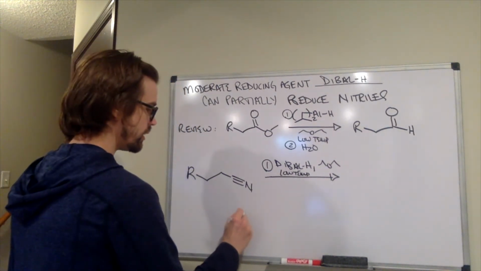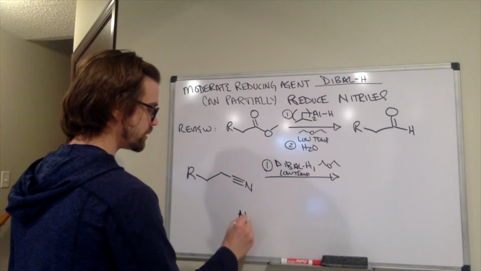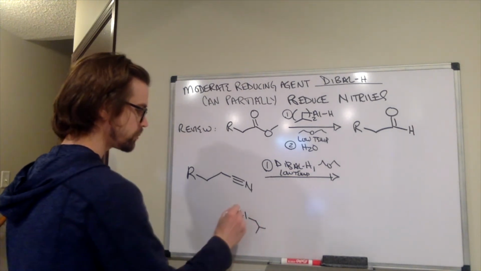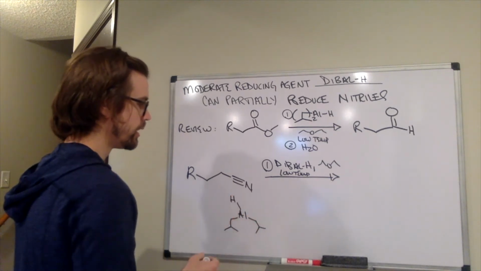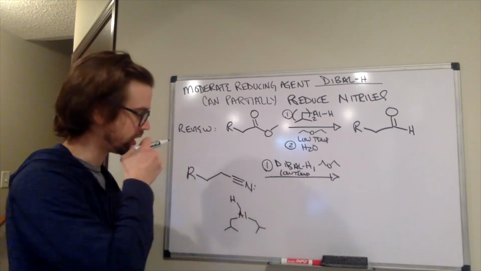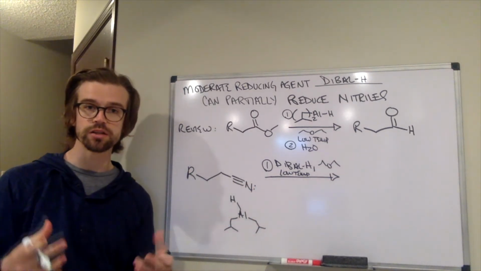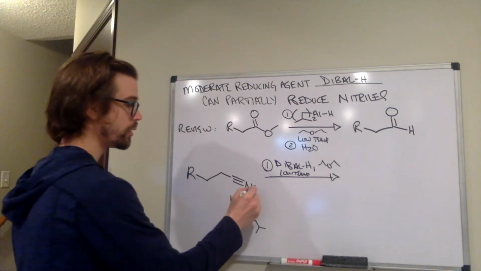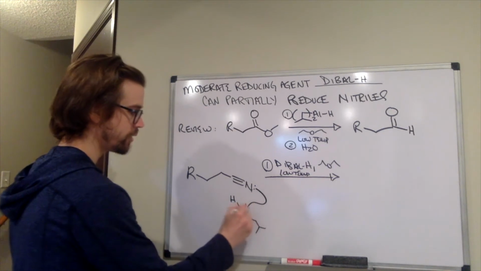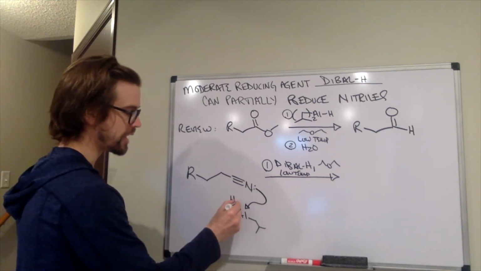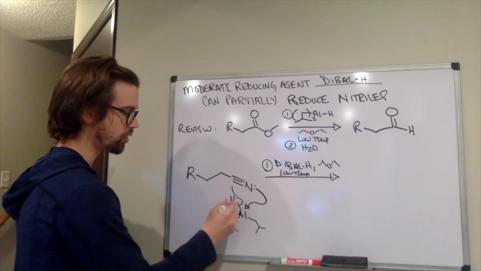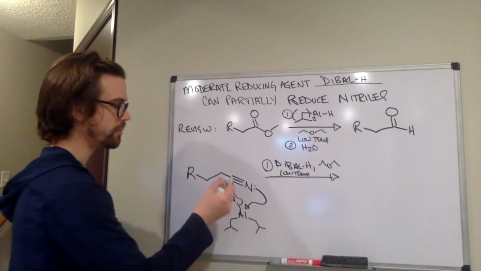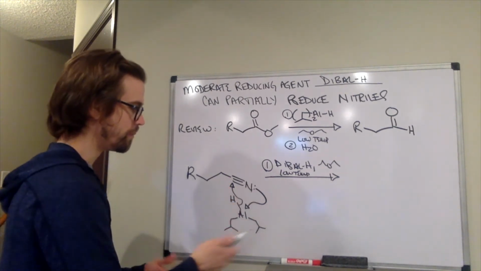Well, in DIBAL-H, what we saw happen previously was we had our aluminum hydride, and essentially this aluminum is not negatively charged, so it's actually more electrophilic than it is nucleophilic, so it requires something to add to it before it's really able to give up the electrons from that aluminum hydride bond to add to the other side.